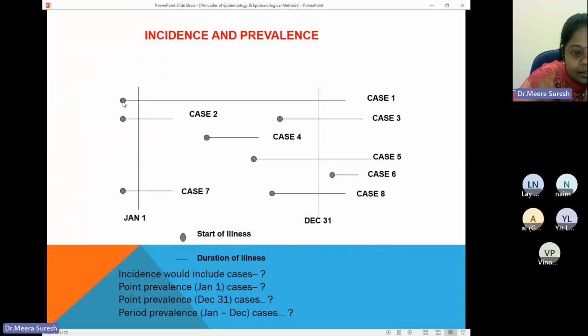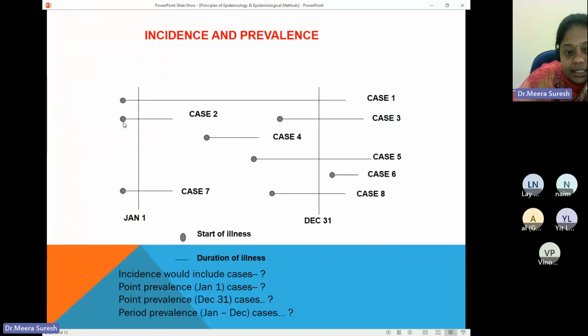You see these circles, they indicate cases. In total, we have 8 cases. Some of the cases have started before January 1. Anyway, we are talking about one particular year, from January 1st to December 31st.